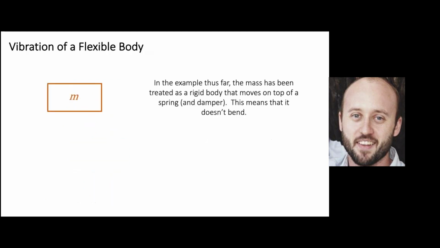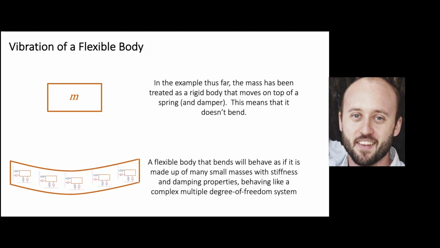So in the example so far, we've been looking at a block, and this block has been rigid. So that means that it doesn't bend. If we wanted to look at a flexible body, like a long beam, and look at the way that that beam bends, we could think of it conceptually as being made up of many small elements of multiple degree of freedom systems.